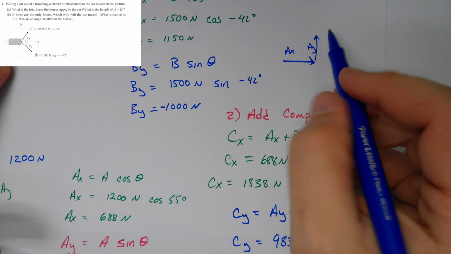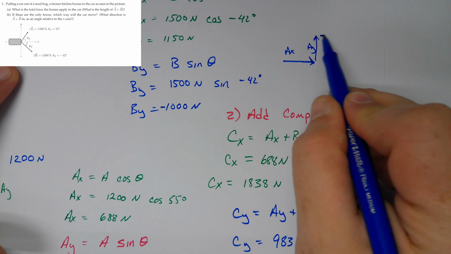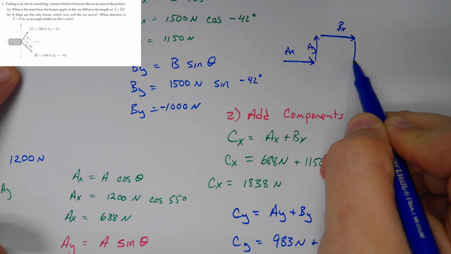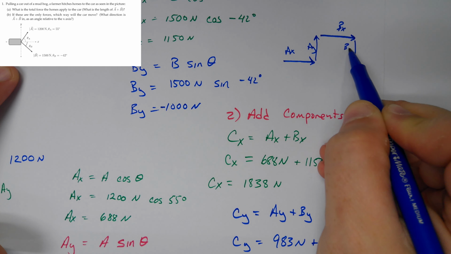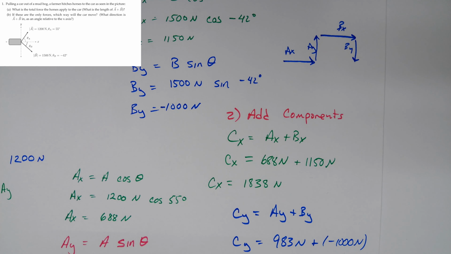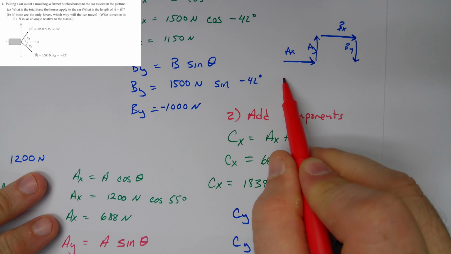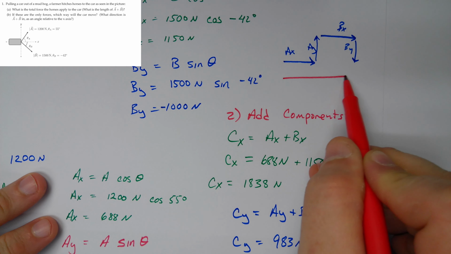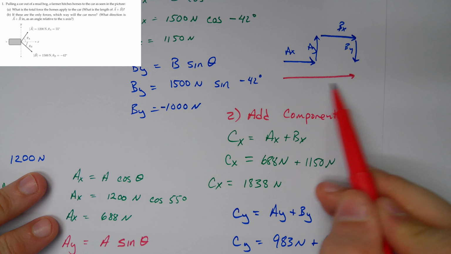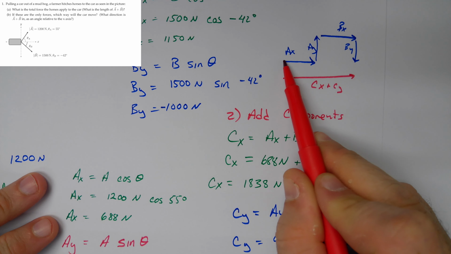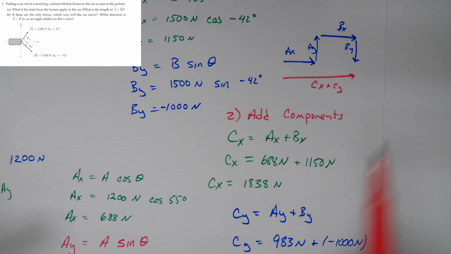And now BX is going to go over like this, and then it's going to go down almost like that. Right. And so if we go from the beginning of the very first vector to the end of the very last vector, right, it's going to look something like that. You can imagine this vector is just going to be from here to there, and that's very nearly horizontal.